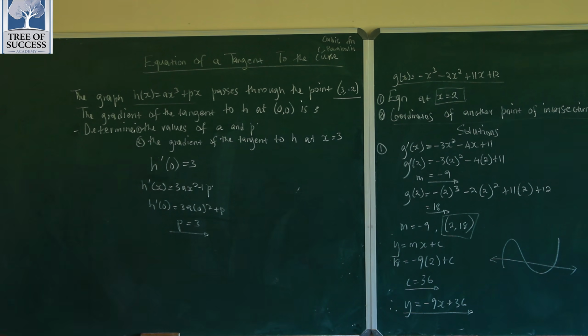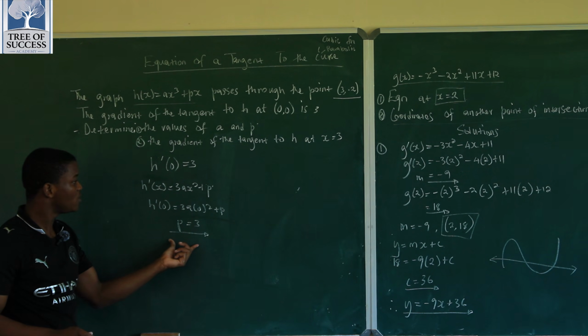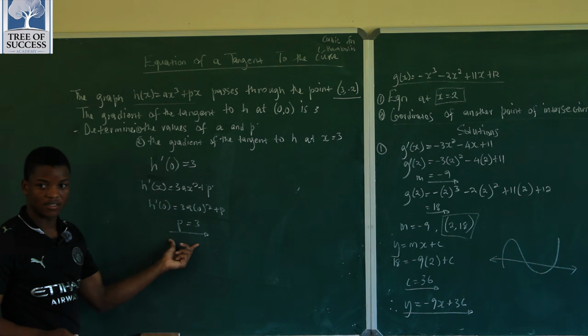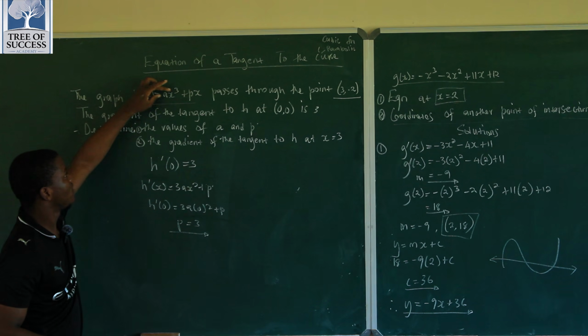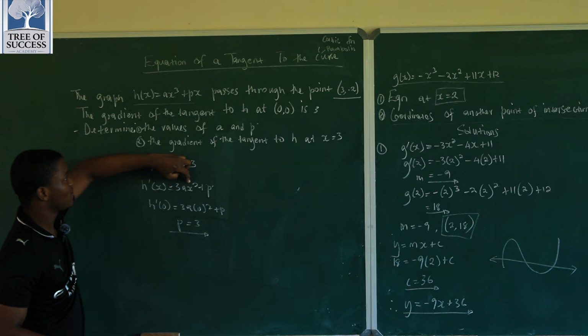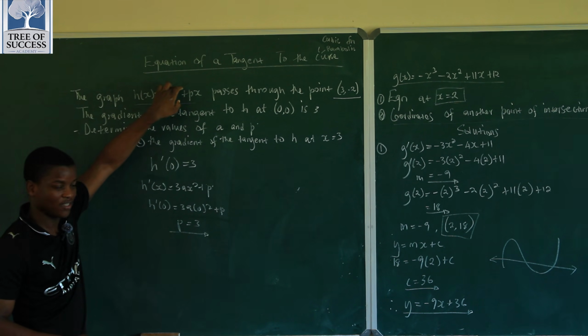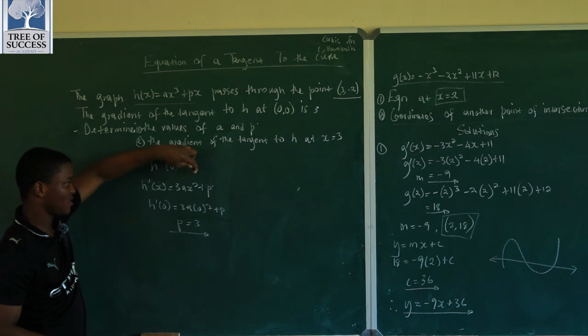Now we have p. When you derive this function, we say exponent times the coefficient, so 3a, then we bring down the base, then we subtract 1 from the exponent, so 3ax squared.